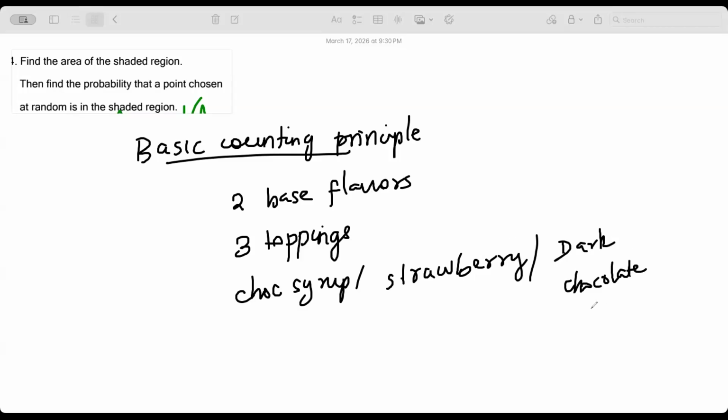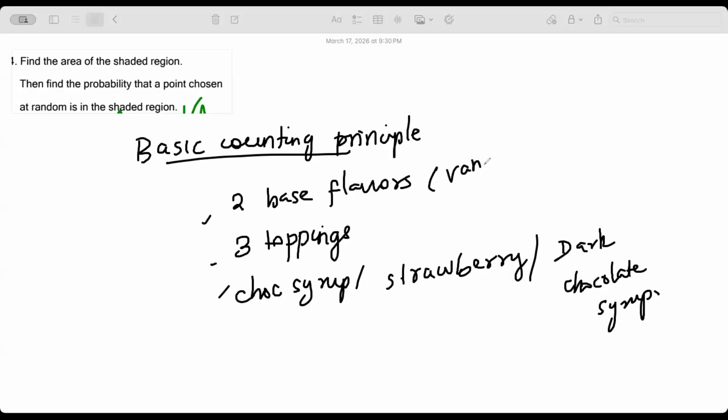You are allowed to pick one in all the 3. If you decide that you will pick one in all the 3, how many possible combinations of different ice creams can you have?